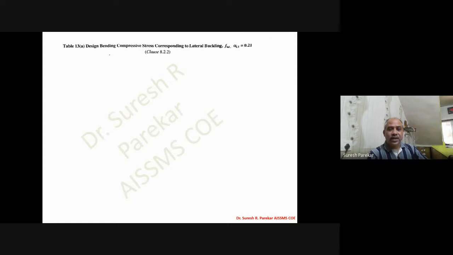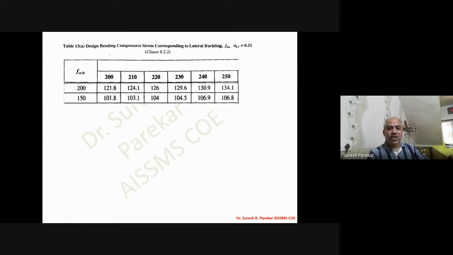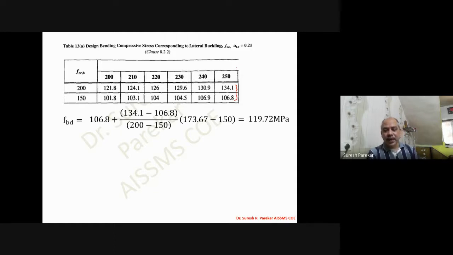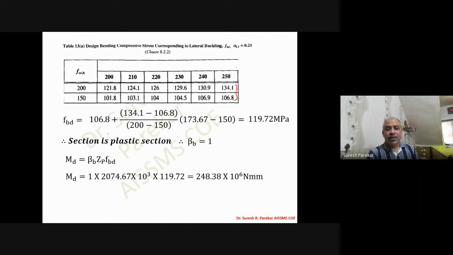We have considered a rolled section. So we have table 13A where alpha LT is 0.21, and from which I will calculate FBD. Now we have 106.8, and then we have 134.1. We are considering fy 250. This gives me FBD 119.72 MPa, and from this we have the moment MD 248.38 kilonewton meter.